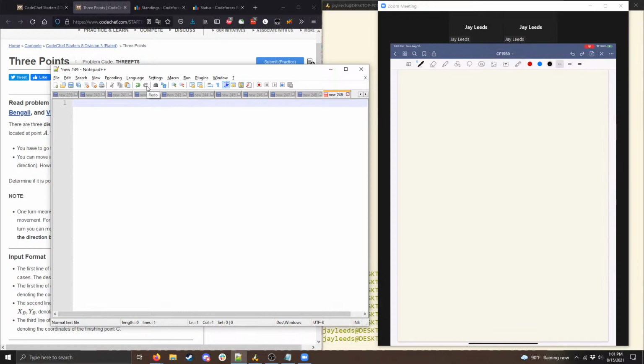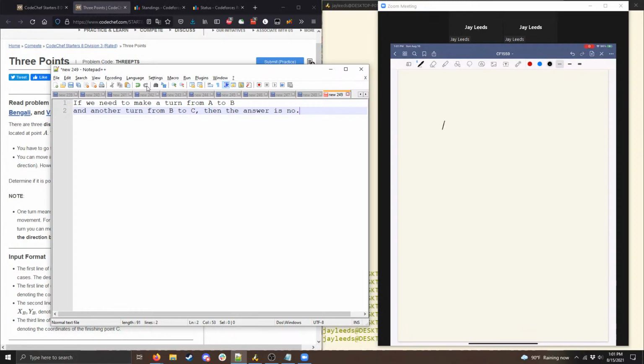But then if we need to make a turn from A to B and another turn from B to C, then the answer is no. So then we need to think about when we need to make a turn.